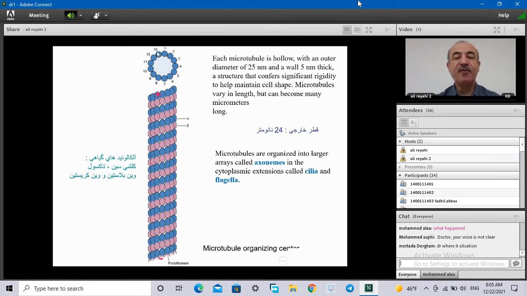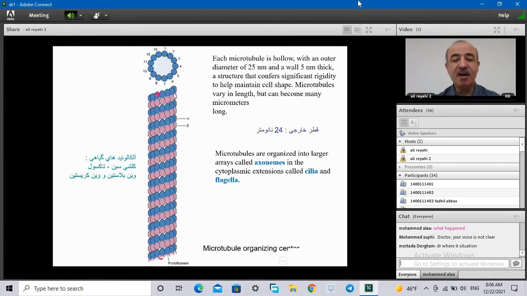It's formed usually by 13 protofilaments. Each protofilament is formed by heterodimer alpha-beta tubulin subunits.